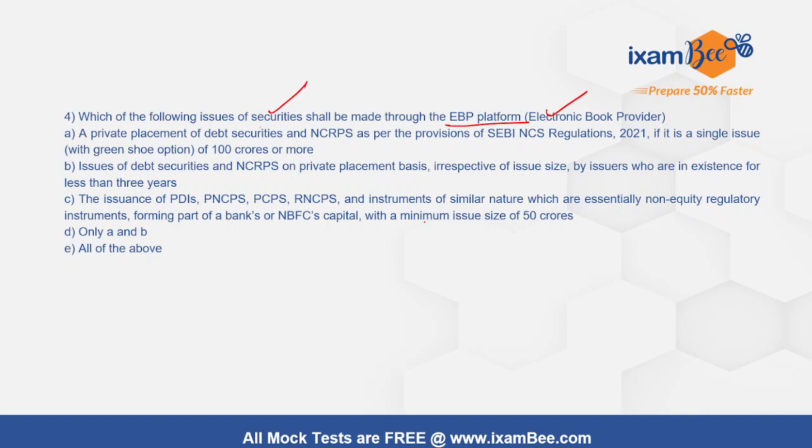This platform is an easier way to increase price discovery and transparency, and also to help remove extra operational cost. For that purpose, SEBI has come up with certain guidelines as a circular for review of provisions pertaining to the electronic book platform.